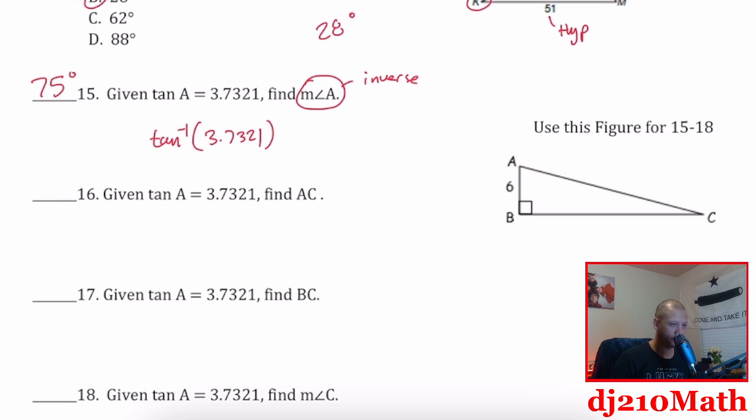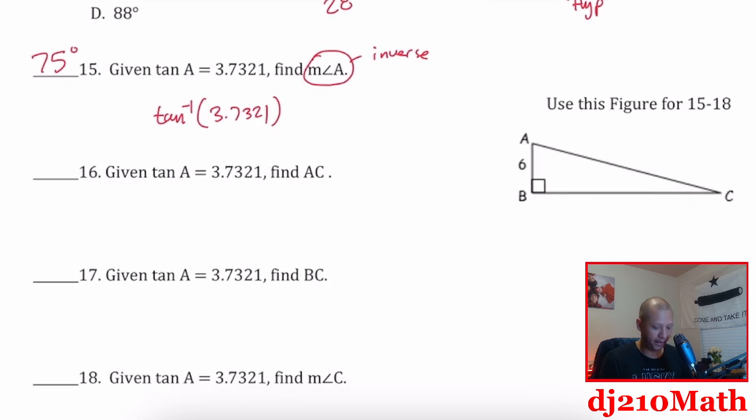Number 16. Given tan A, find AC. This is what we're looking for. We just found that the measure of angle A was 75 degrees, that's what we found in 15. So we want to find AC. Call it X. What are we given? We're given the adjacent side, and we want the hypotenuse.